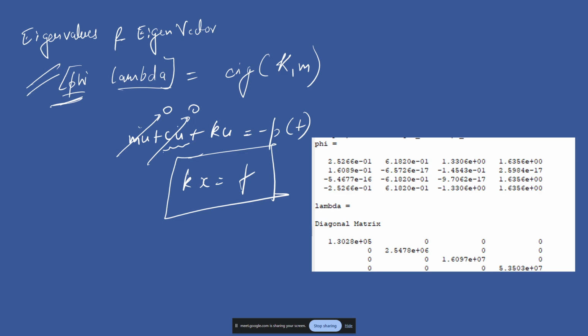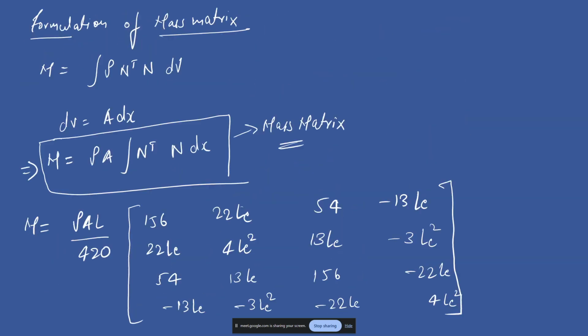So these are your eigenvalues and matrices corresponding to your eigenvectors, and these are your eigenvalues.